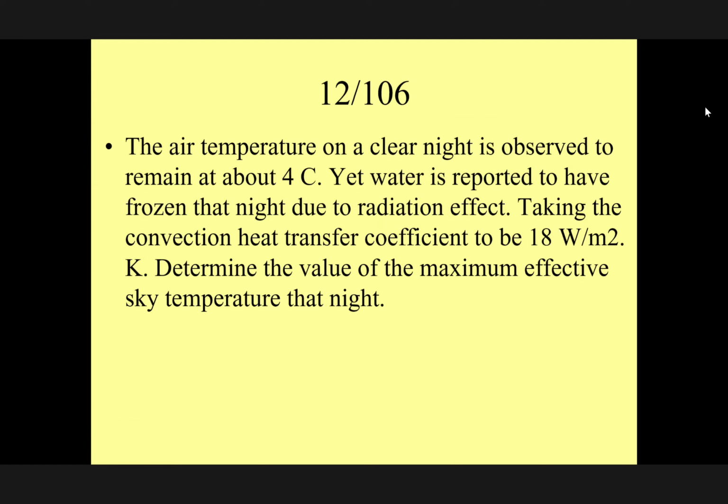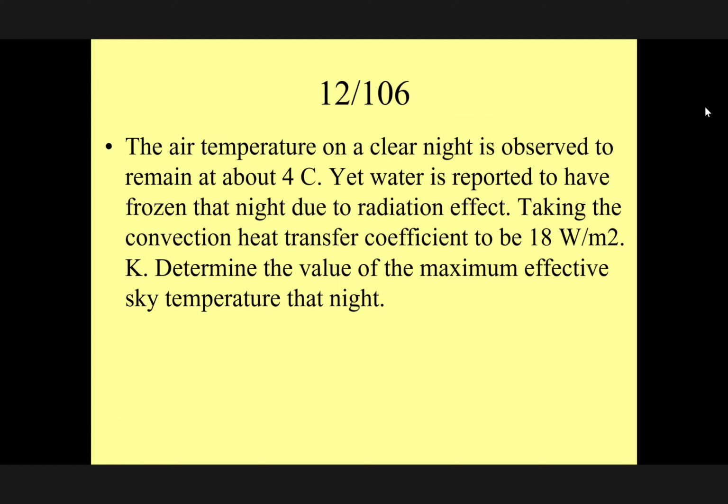Now, look at this problem. It's a simple idea. The air temperature on a clear night is observed to remain at 4 degrees. Water is reported to have frozen that night due to the radiation effect.